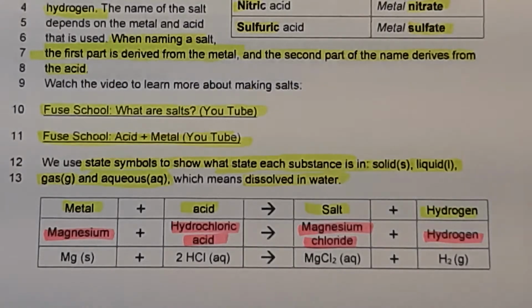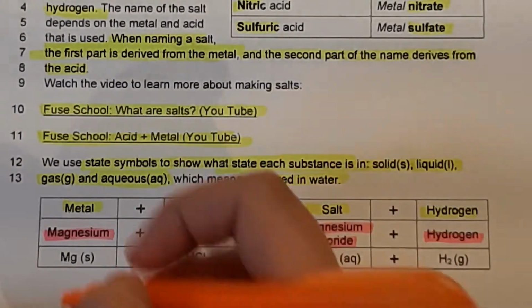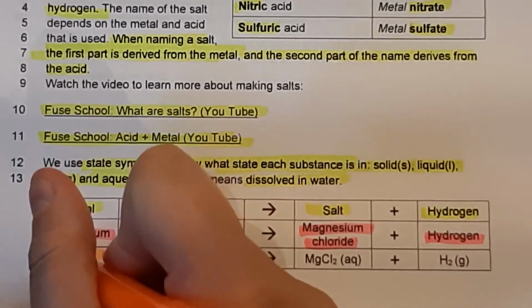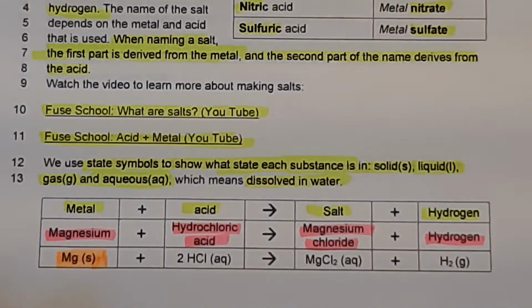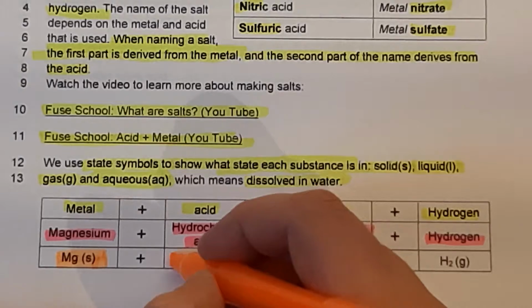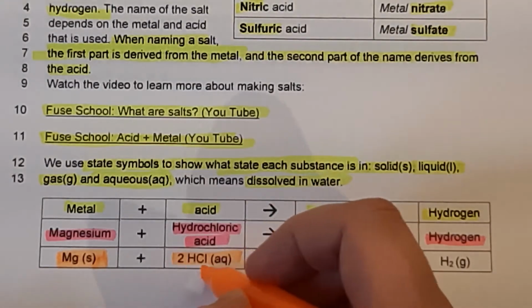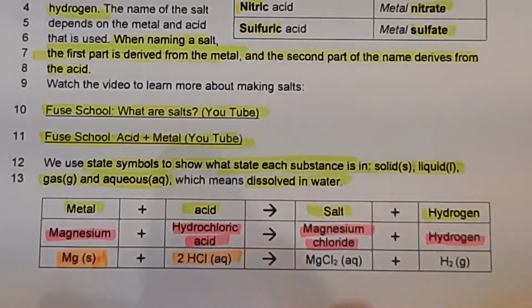And here below that, we have the same equation written in chemical symbols, in formulae. So Mg for magnesium, capital M, lowercase g, with (s) to represent that it is a solid. Then we've balanced it, so we've written 2 lots of hydrochloric acid, HCl, and in brackets we've written aq because the hydrochloric acid is dissolved in water.